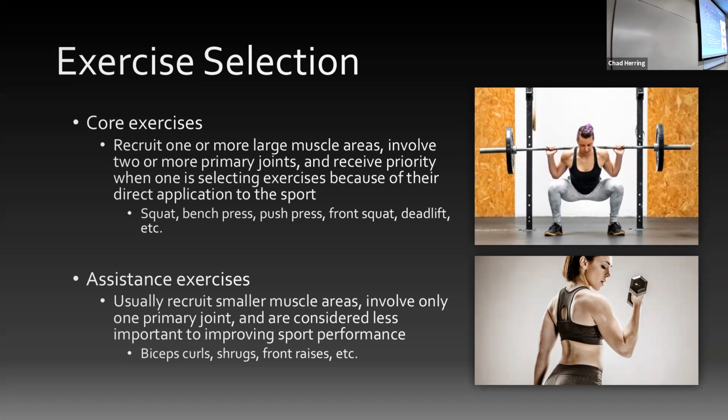Okay. Auxiliary or assistance exercises are those secondary ones. Those are the exercises that we're going to do for injury prevention type work. Those are going to be the, well, core-type exercises: planks, leg raises, farmer's walks, all that stuff. Okay.